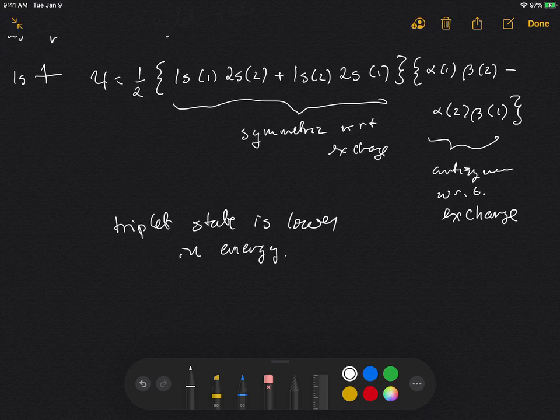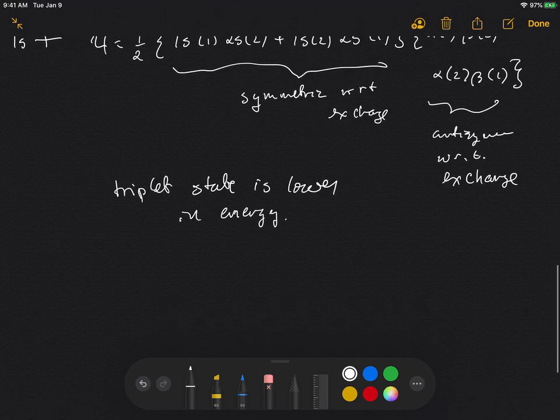There's a couple of ways to think about that. One way is that we know that there are Hund's rules, or the Bussei rule, which state that the lowest energy configuration, all else equal, is the configuration that has highest spin multiplicity.